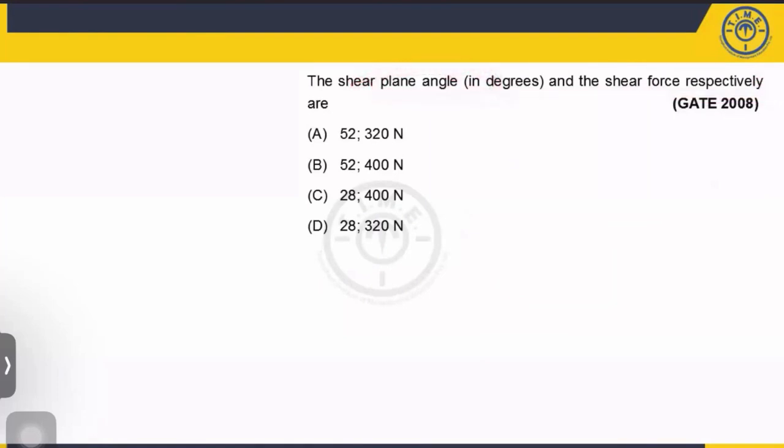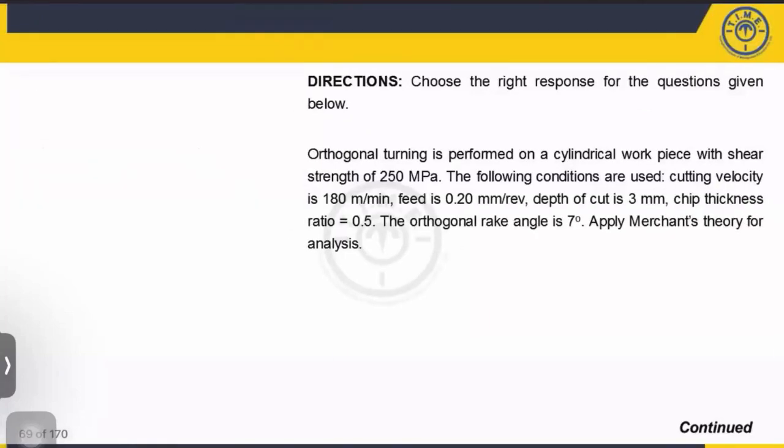Do it fast. Okay, I will show you the question. What is the data given? The shear strength is given as 250 megapascal, and the cutting velocity is given as 180 meter per minute.